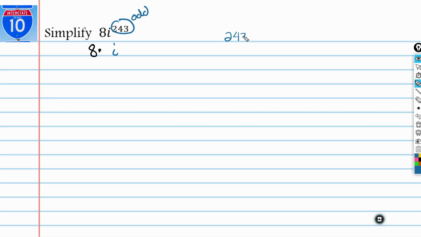So 243 minus 1 equals 242. I'm going to divide that by 2. Gives me 121, and this is odd. And since that's odd, it's negative. 8 times a negative i gives me a final answer of negative 8i.